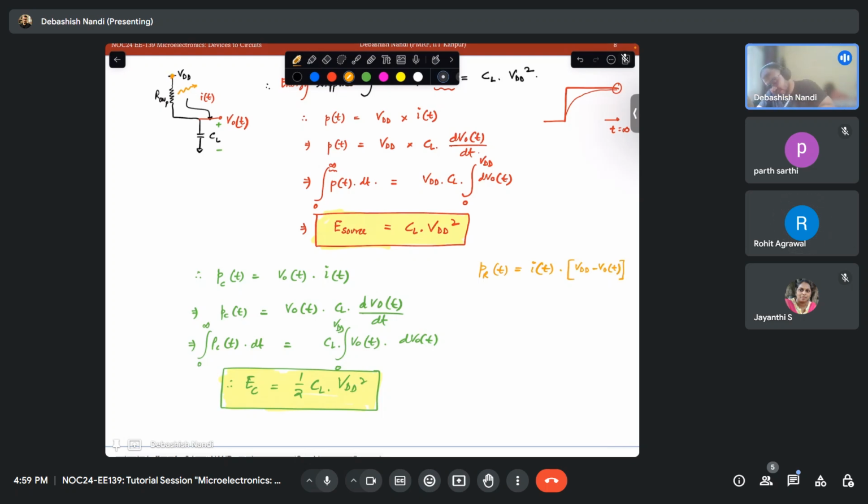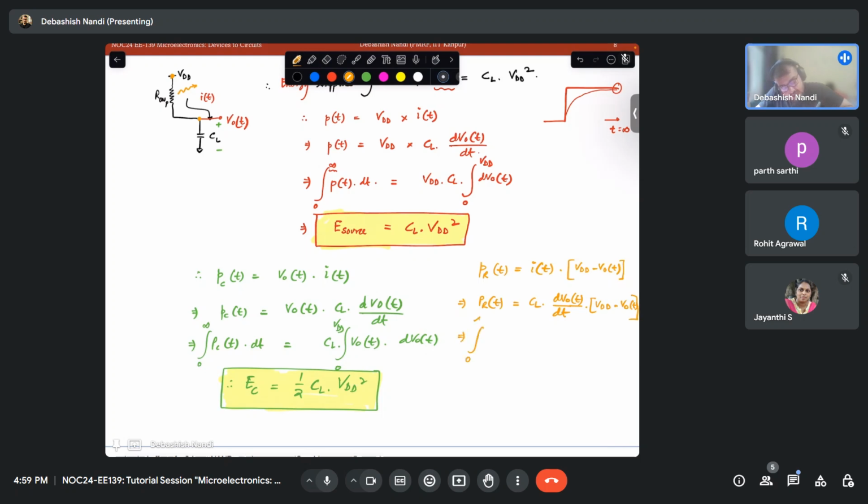Voltage across the resistor, right? Yes, sir. VDD minus Vo of t. So in the same fashion, PR of t is CL dVo by dt times VDD minus Vo of t.